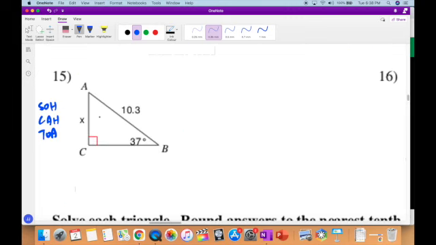So at the end of the day, we have here this is the angle, this is the hypotenuse, and this is the opposite. So sine is what we're going to use. You can see here sine is opposite and hypotenuse. So the sine of 37 is equal to opposite, which is x, over the hypotenuse, which is 10.3.